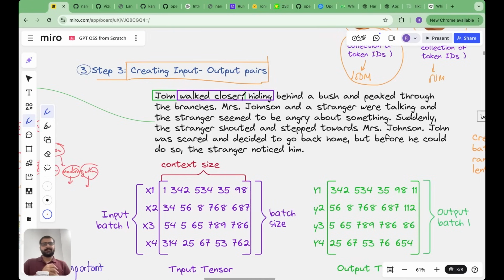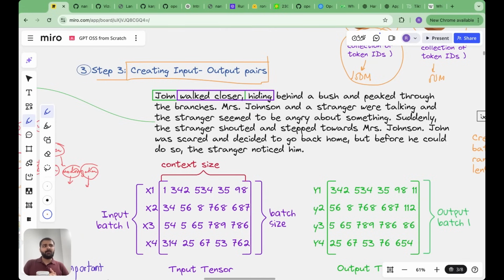In the next step, we are going to learn exactly how the input and the target pairs are created by a language model. There is a reason why I say created by a language model and not for the language model, because the language model actually creates the output itself, once it gets the input. The way it's done is as follows. Imagine that you have collected a bunch of data.